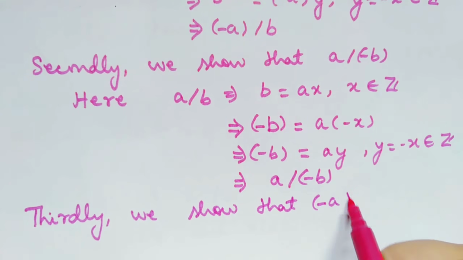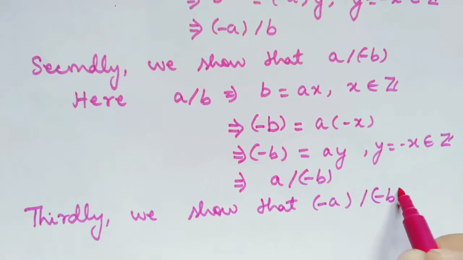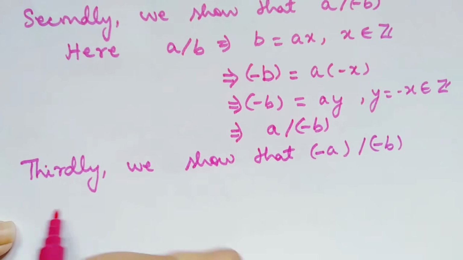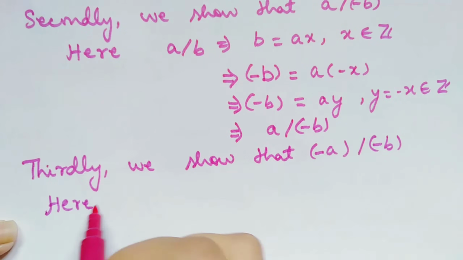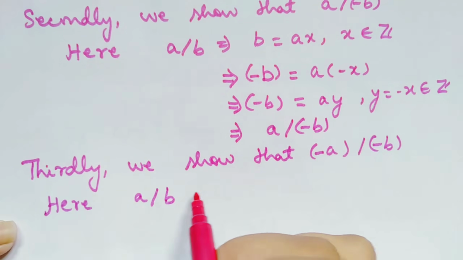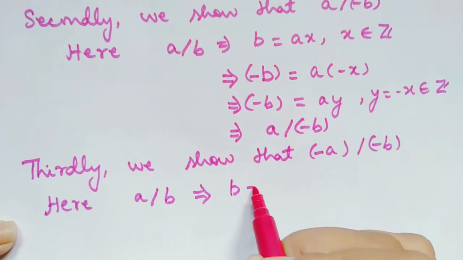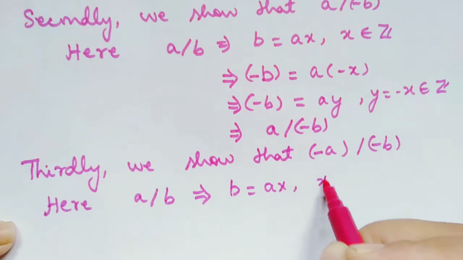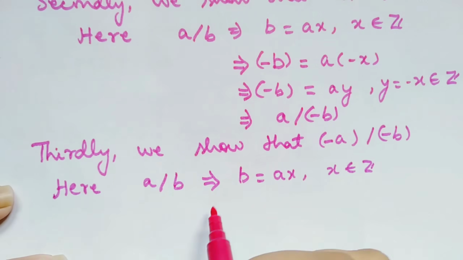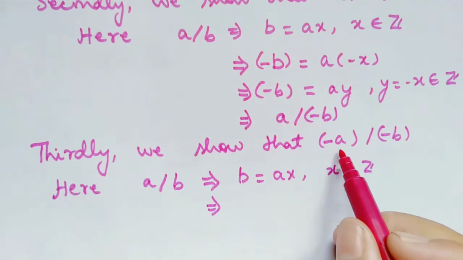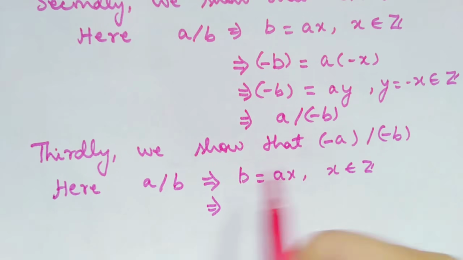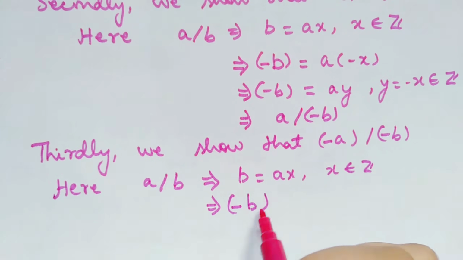minus A divides minus B. Now here we have A divides B, so it implies B is equal to A into some integer X. We want to show that minus A divides minus B, so multiply by minus on both sides.